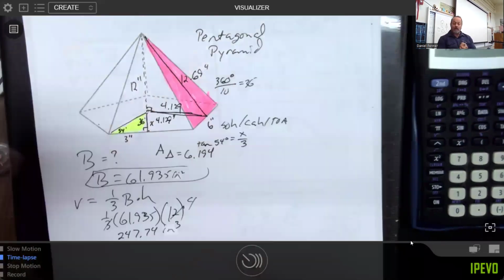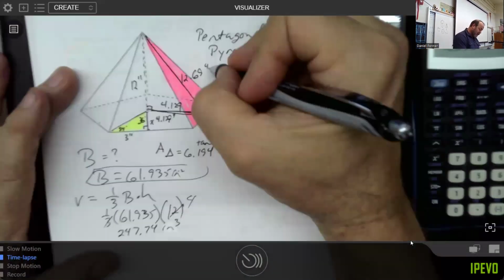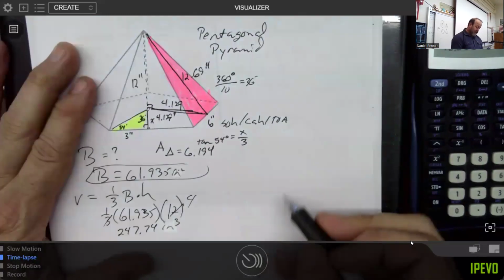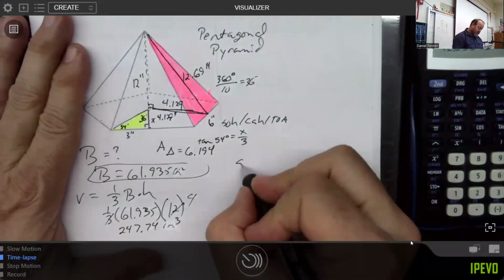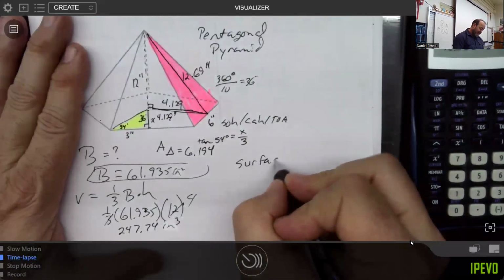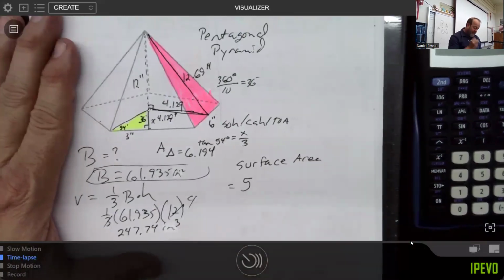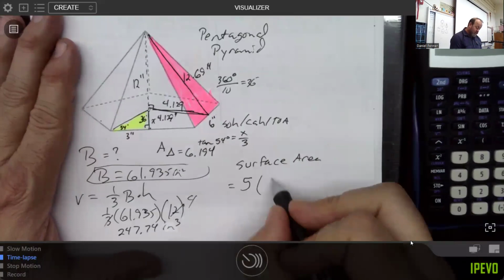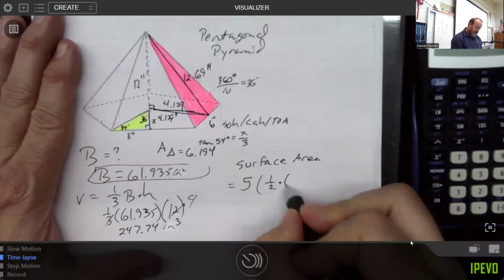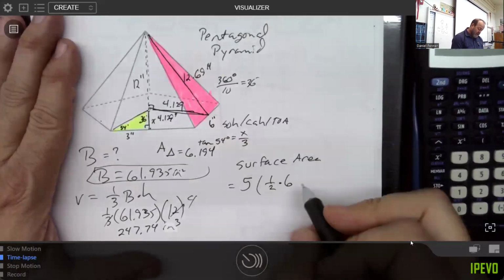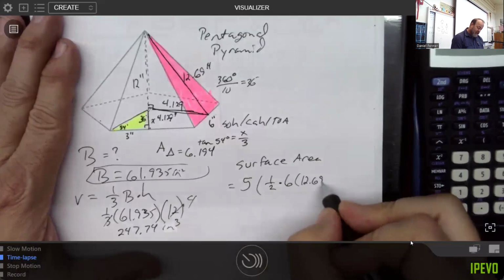And now we are ready to go. So let's find the surface area. That would be 5 triangles, but every one of those triangles is 1/2 its base, and the base is 6, and its height is 12.69.